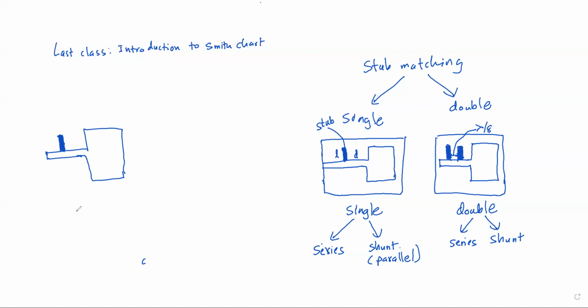If I draw this in another way, let's say this is the antenna load, and I will be connecting the stub in parallel to the antenna load. The top part, only the top part you can see from the top view.